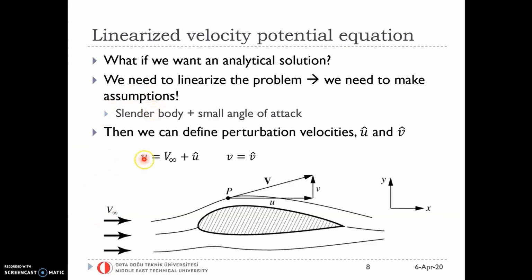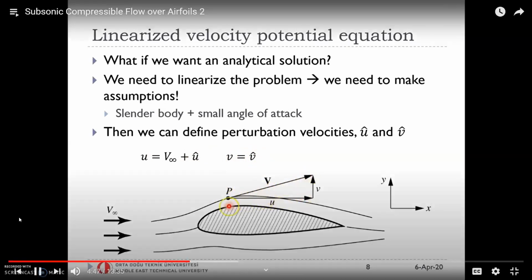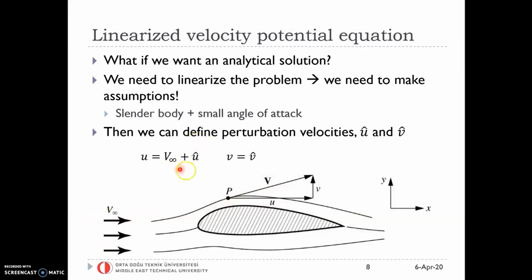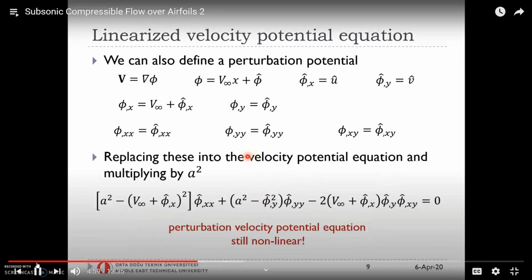For the x component of velocity, we'll have free stream plus some perturbation velocity u hat, and for the y component, you only have the perturbation velocity. That's also schematically shown here. That's your resultant velocity, which has both u and v components, and our u component is the summation of free stream plus perturbation velocity, whereas our v component is just the perturbation velocity.